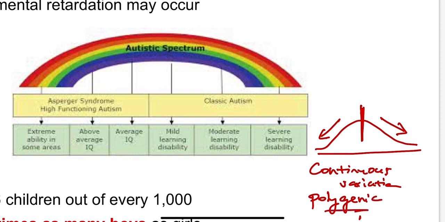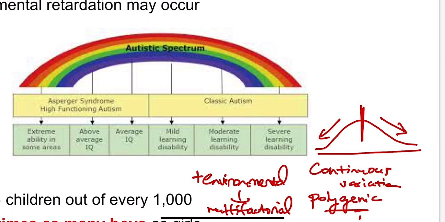So we know that it's not just polygenic in this case, but now you're adding environmental factors and so on, and then that of course becomes a multifactorial trait. So yes, it is polygenic. It does show the continuous variation. It is quantitative in that we can measure or we can determine which genes are involved.